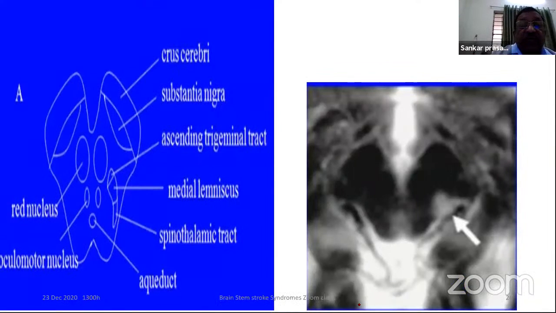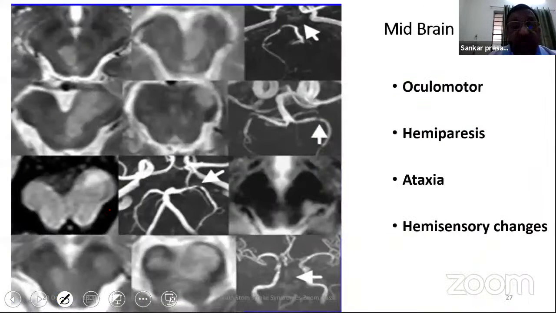So now see crus cerebri, substantia nigra, ascending trigeminal tract, medial lemniscus, and this is the MRI picture of the midbrain, and you see there is a damaged area here, right? So this area will afflict this part, and clinically the patient will have what we call lateral medullary syndrome.